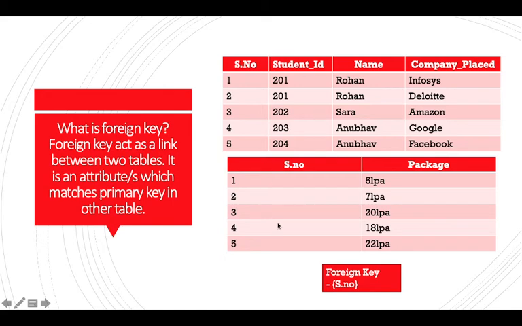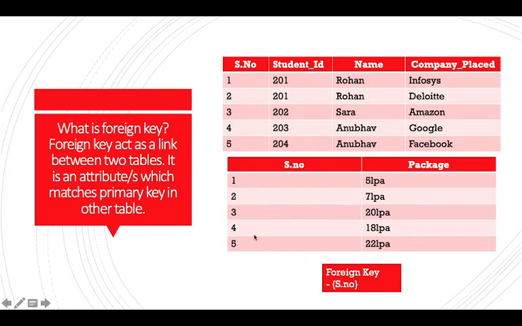Now we have another table which has the sign number of the students as well as the packages that are being offered to them. So, if I'm looking at the second table and I want to see who got a 20 LPA package, I can easily fetch it from sign number 3, right? I can easily fetch it from that.